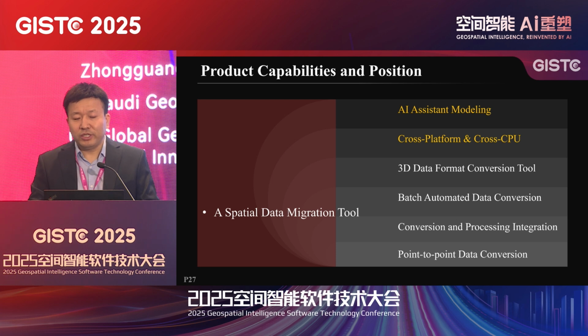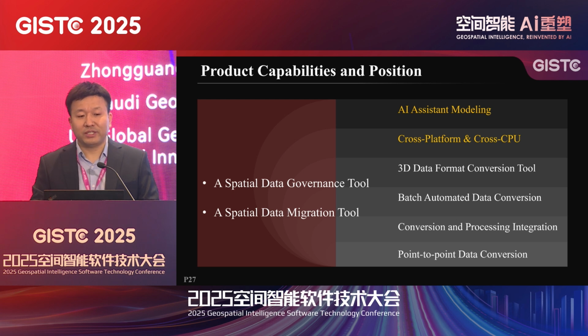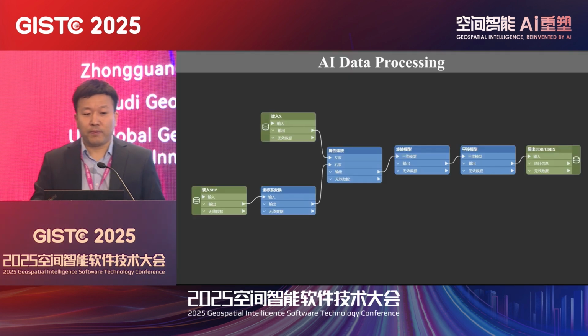So the positioning of Transform is: it's a spatial data migration tool. Then it's a spatial data governance tool because it integrates conversion and processing. Then it's an FME upgrade and replacement tool.